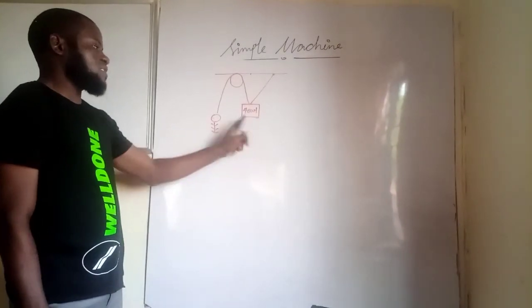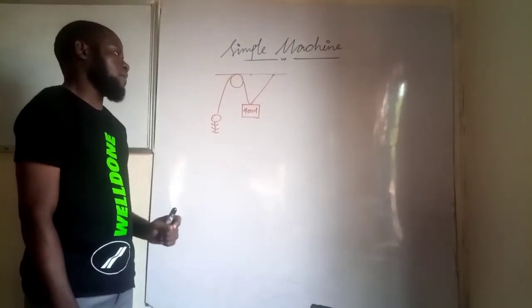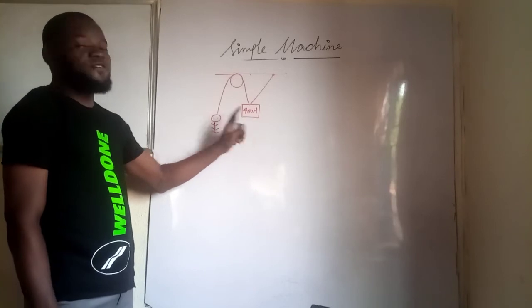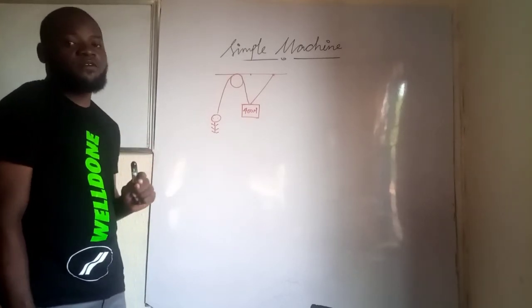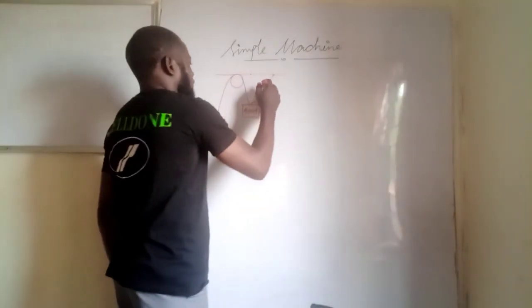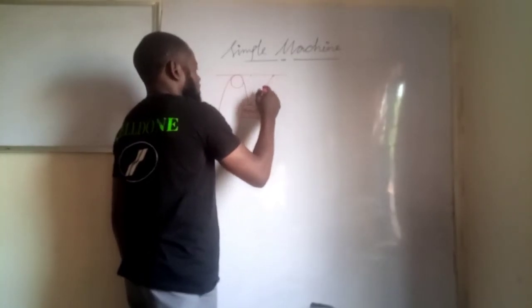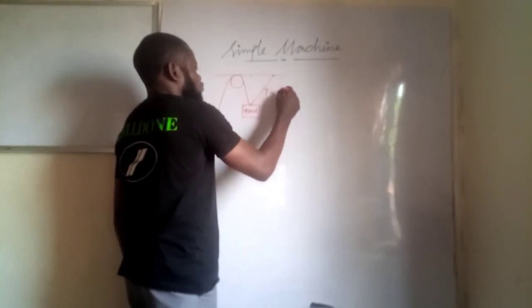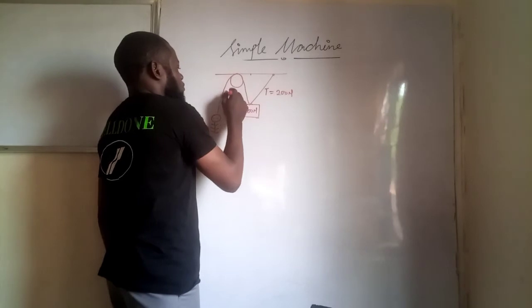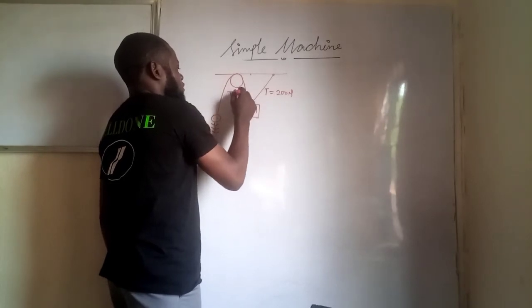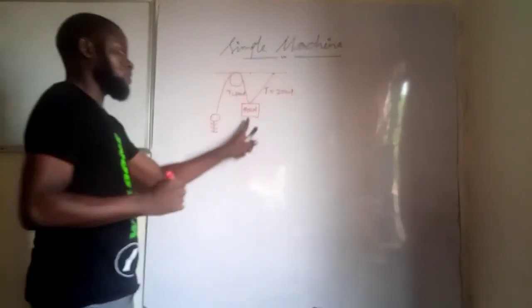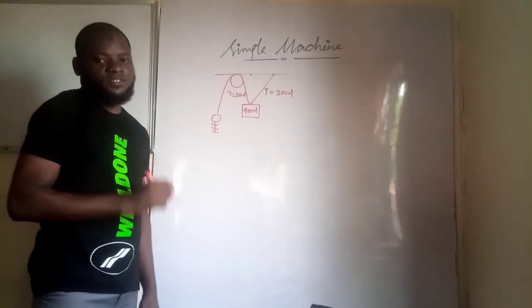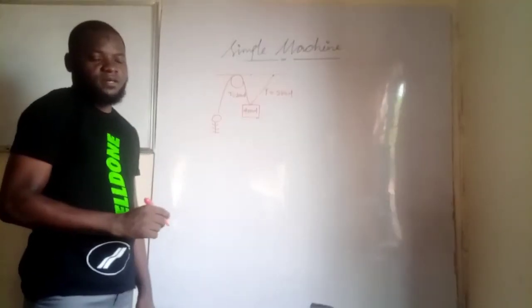Now, if this is 400 Newton, remember, the force required to lift a load is the force equivalent to its weight. Therefore, the tension in this string is going to be 200 Newton, and it has to equal the tension here, which is also 200 Newton, because this one is 400 Newton. Are we together now?